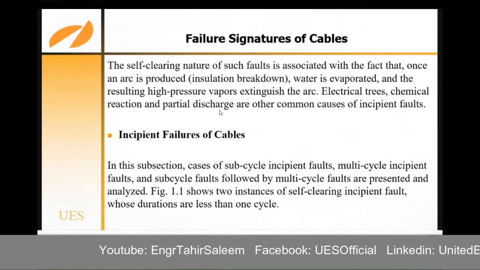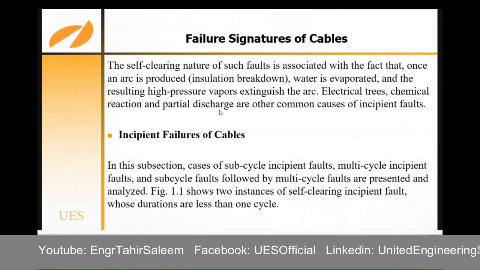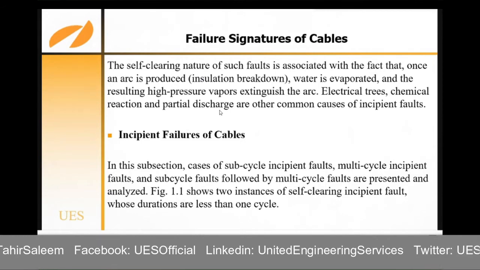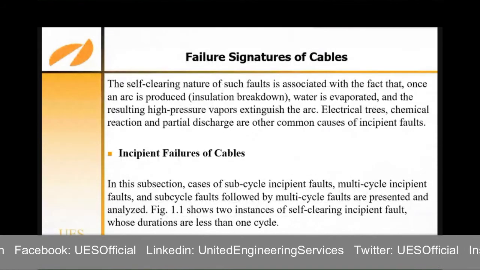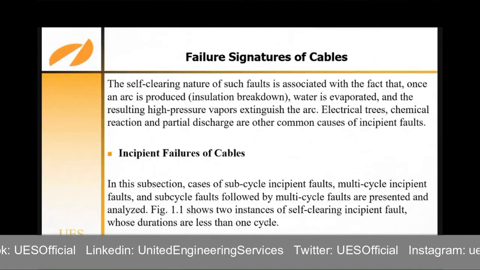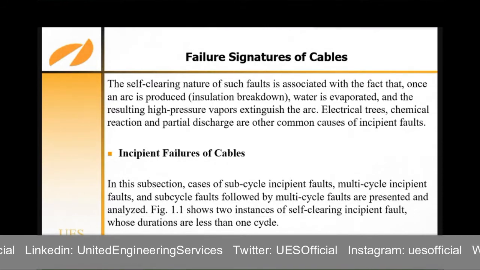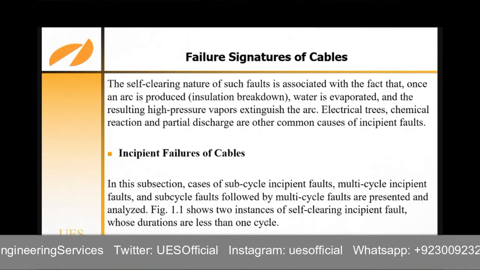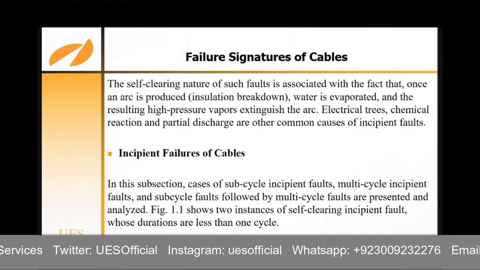Now, the self-clearing nature of such a fault is associated with the following. Let me give you an example of how these faults can get self-cleared.